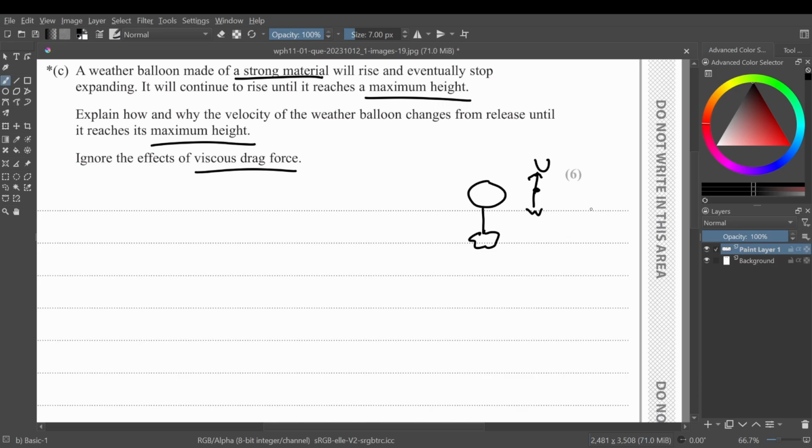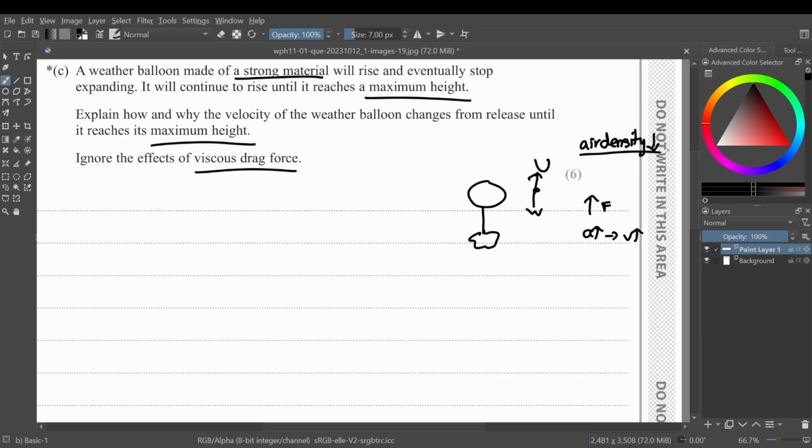So it causes a resultant upward force, right? So you have a resultant upward force, which means that you have an increase in acceleration, which equals an increase in velocity of the balloon, right? So as the balloon is rising, the air density is basically decreasing, right?